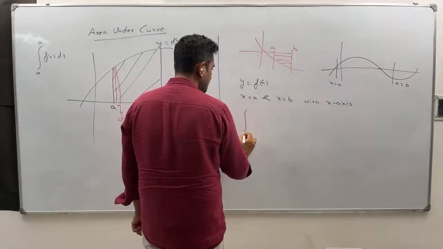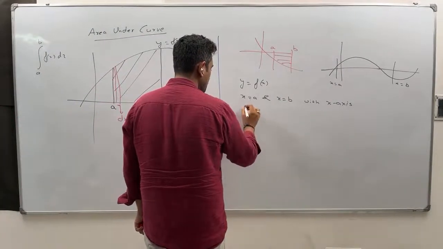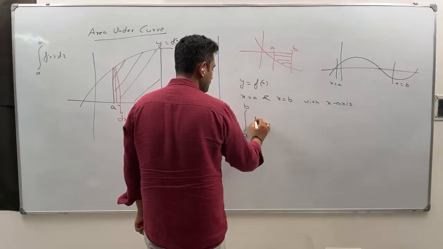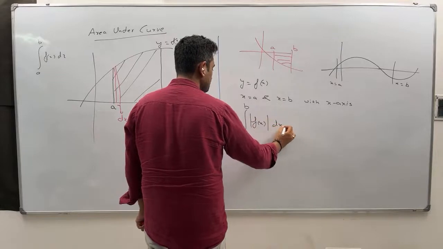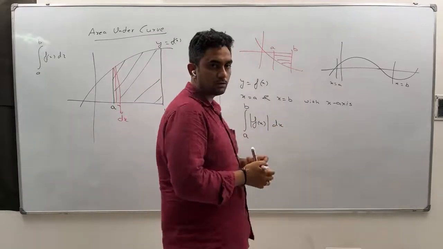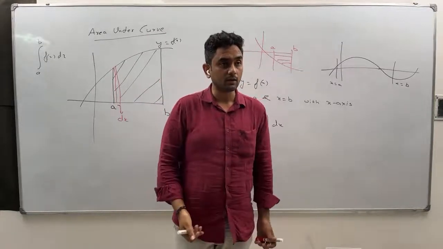That is integral a to b mod of f of x dx. This is what we do. This is the more proper way of writing it.